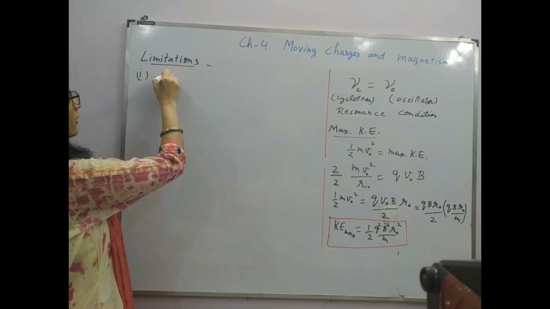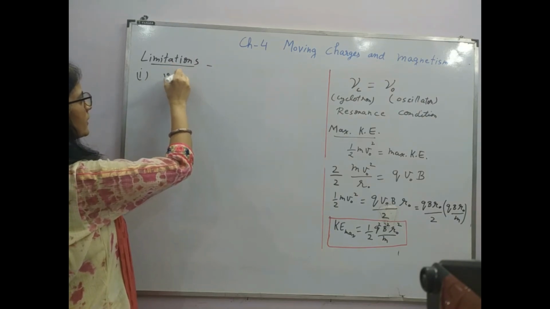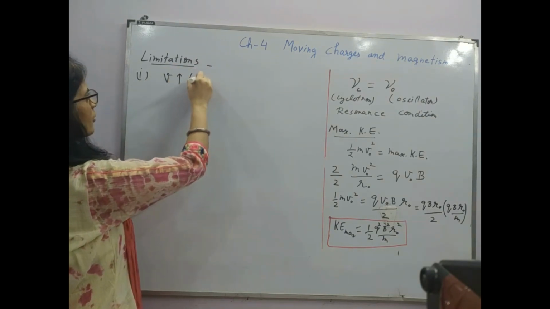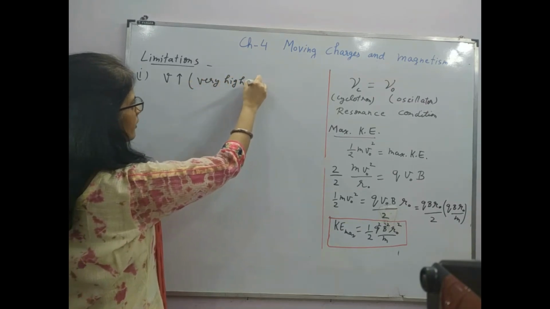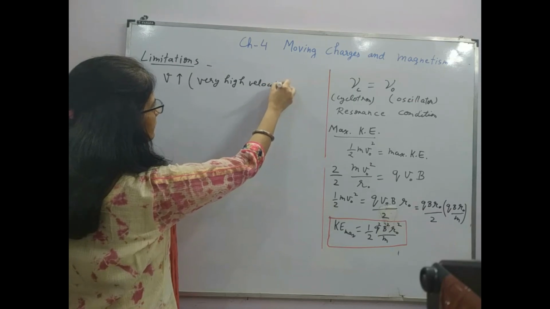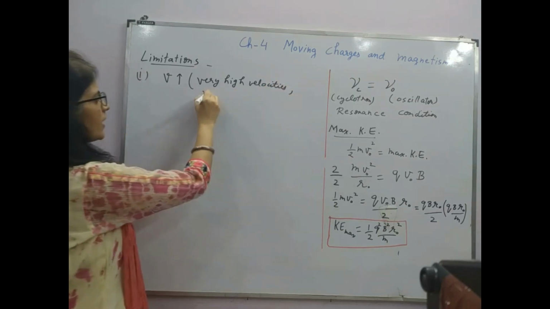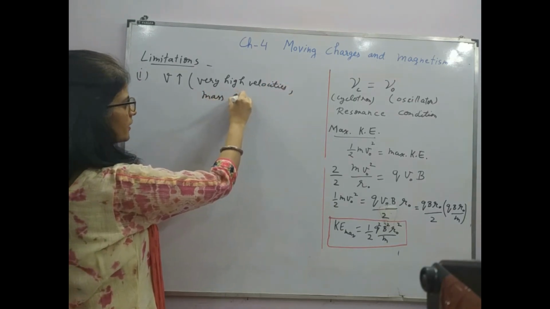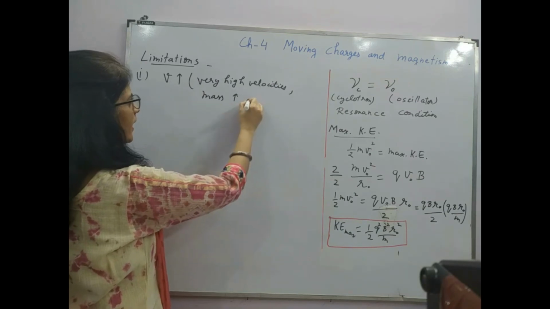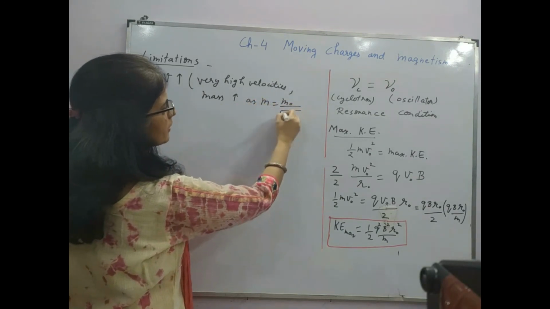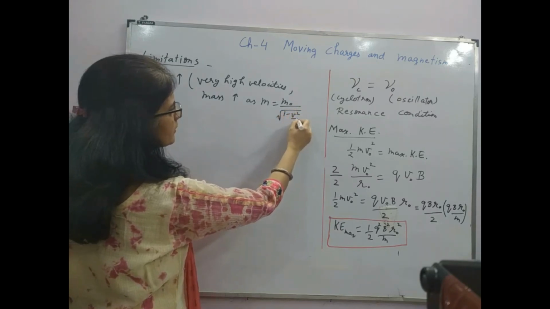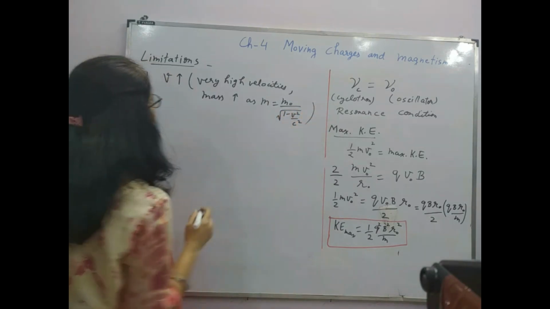So for very high velocities, mass increases. Why? As mass is equal to rest mass upon under root 1 minus v square upon c square, right?